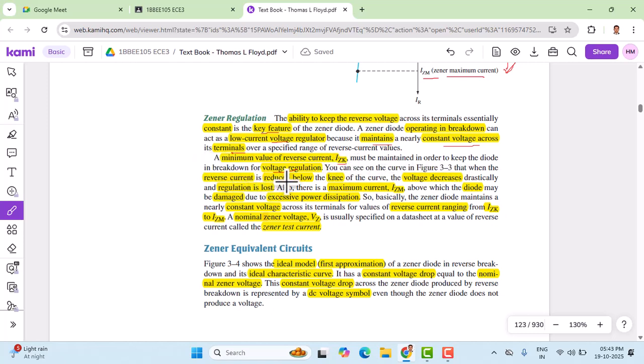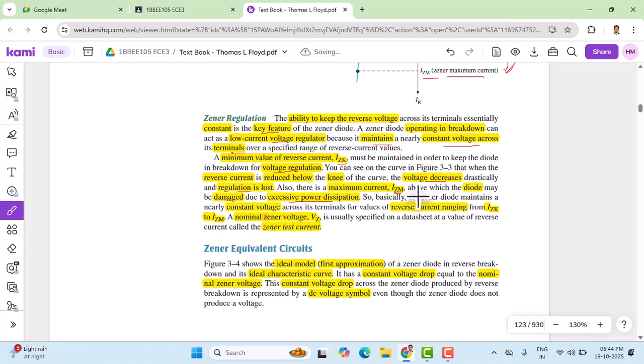When the reverse current is reduced below the knee of the curve, the voltage decreases drastically and regulation is lost. We already talked about this. Also, there's a maximum current, which we call IZM, above which the diode may be damaged, as I already said, because of excess power dissipation.